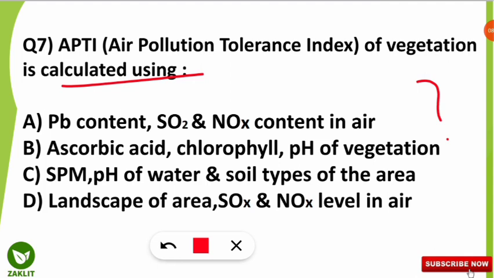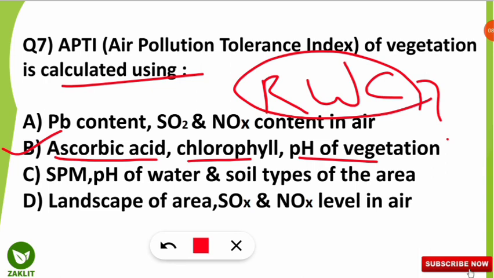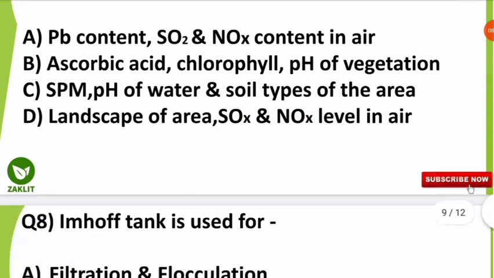And here the correct option will be option number B. Yes, APTI of the vegetation is actually calculated using 4 parameters of the plant leaf: the ascorbic acid content, the chlorophyll content of the leaves and plants, the pH of the leaf extract, and one more thing, the relative water content. So these 4 things are tested as the parameters for the APTI. Let's move to the 8th question.